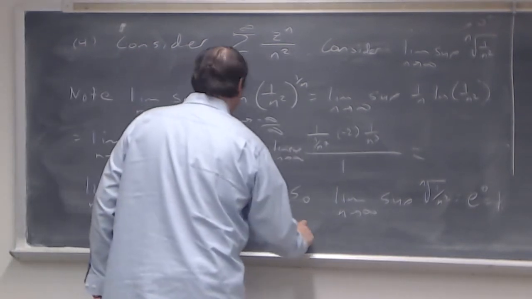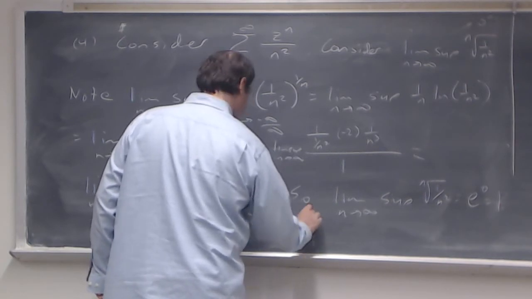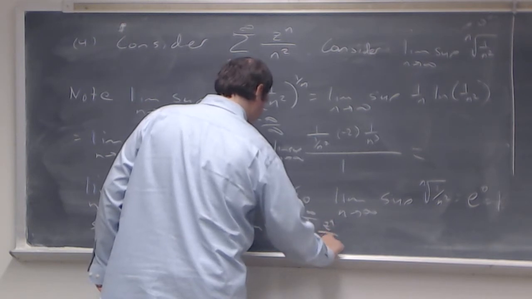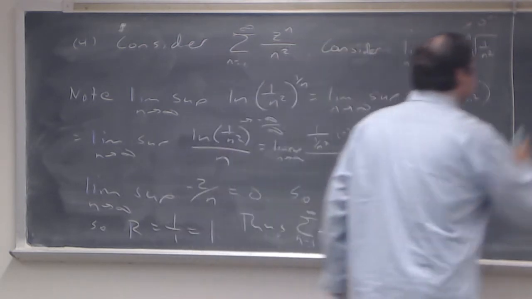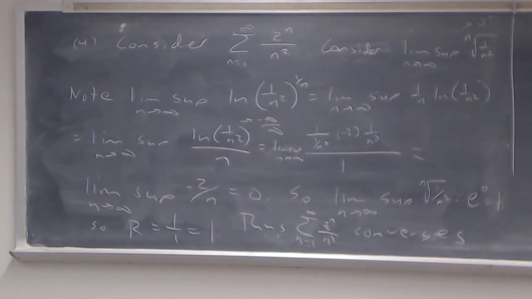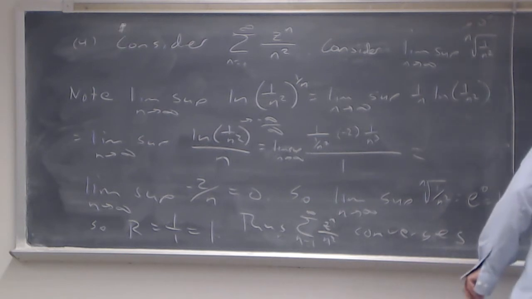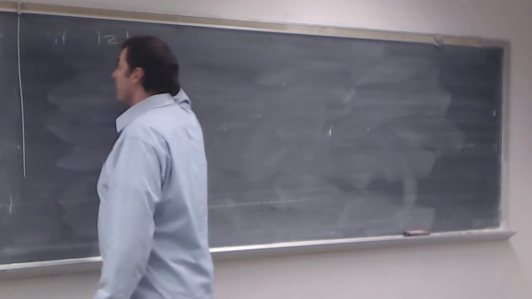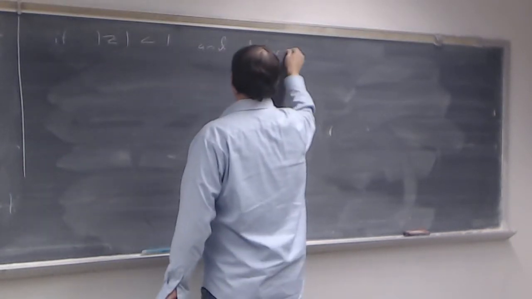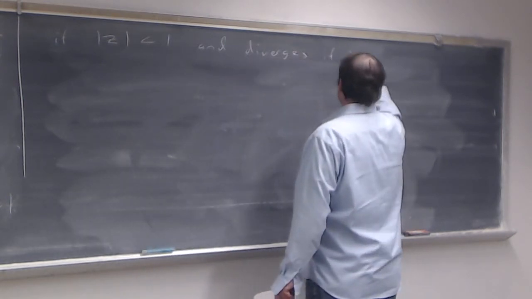Thus, what we're finding out is that this power series, n running from 1 to infinity of z to the n over n squared, converges if the norm of z is less than 1 and diverges if the norm of z is bigger than 1.